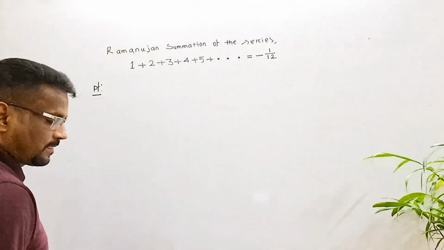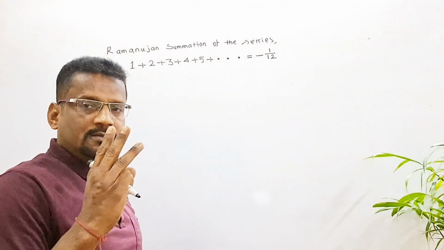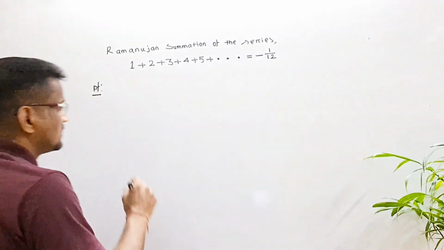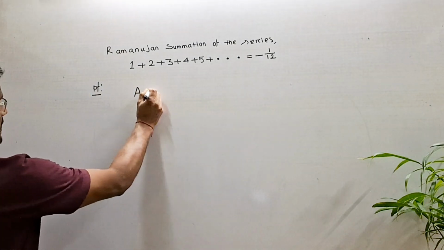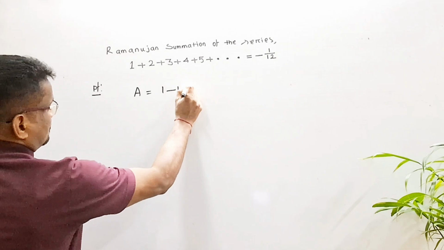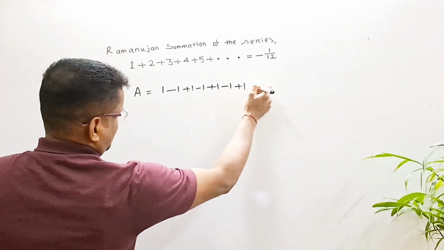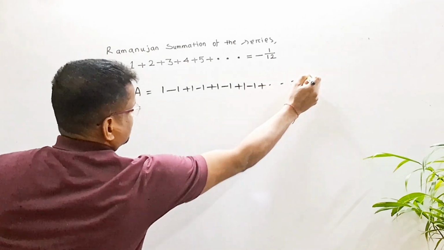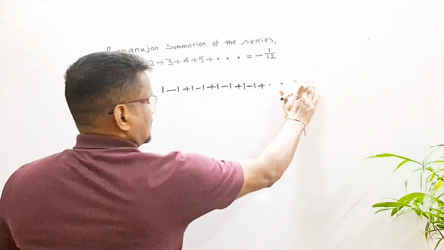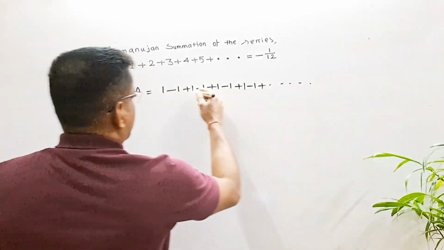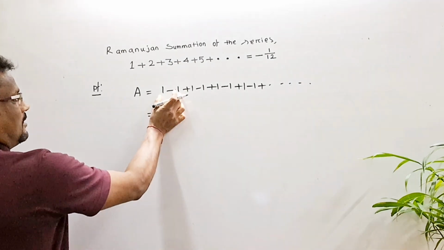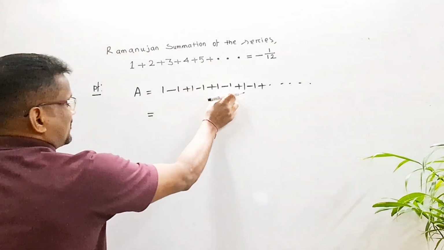For this, we are going to consider three series. The first is the series A, which is 1 minus 1 plus 1 minus 1 plus 1 minus 1 plus 1 minus 1 plus and so on. Now see, 1 minus 1 is 0, 1 minus 1 is 0, 1 minus 1 is 0.